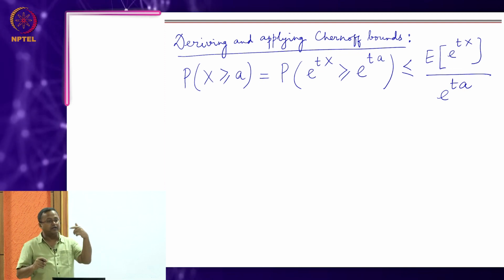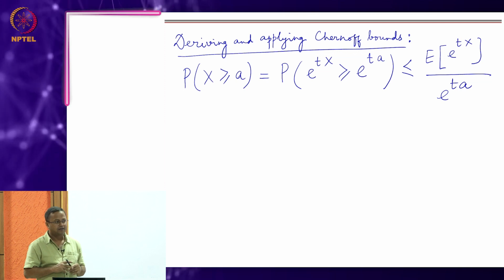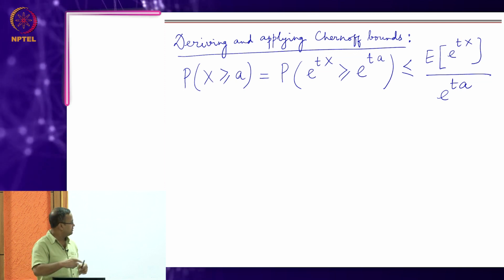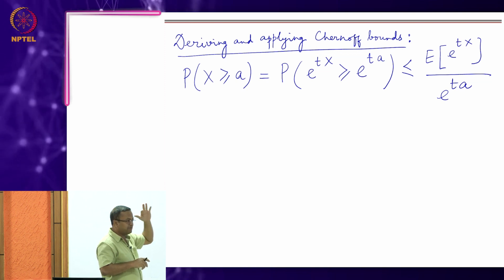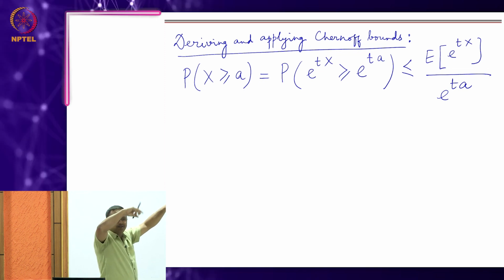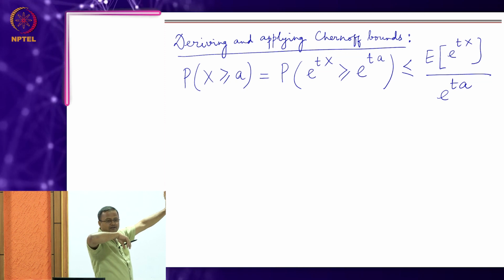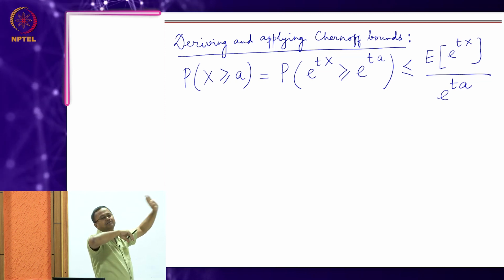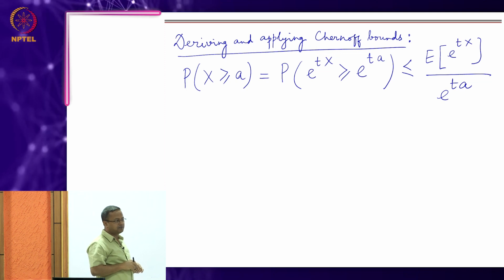Now you understand why I defined moment generating functions earlier. What is the above thing called? Numerator, not denominator. I keep confusing between these two. The fraction above, you call it the numerator, fine. So, the numerator is nothing but the moment generating function. And that is the reason we defined moment generating functions.